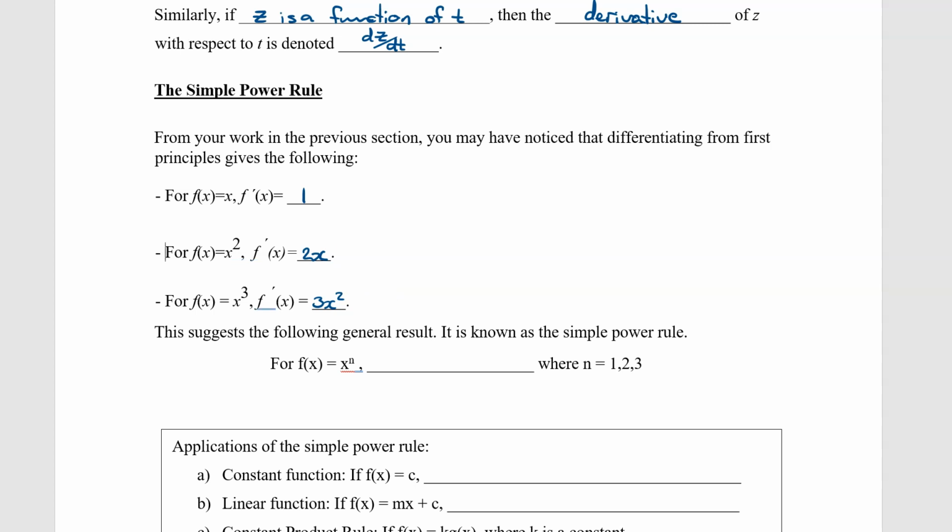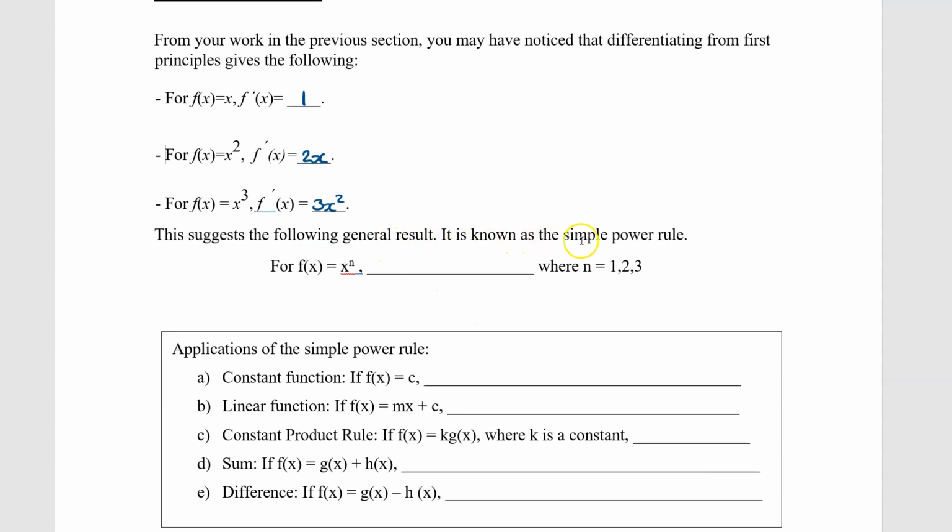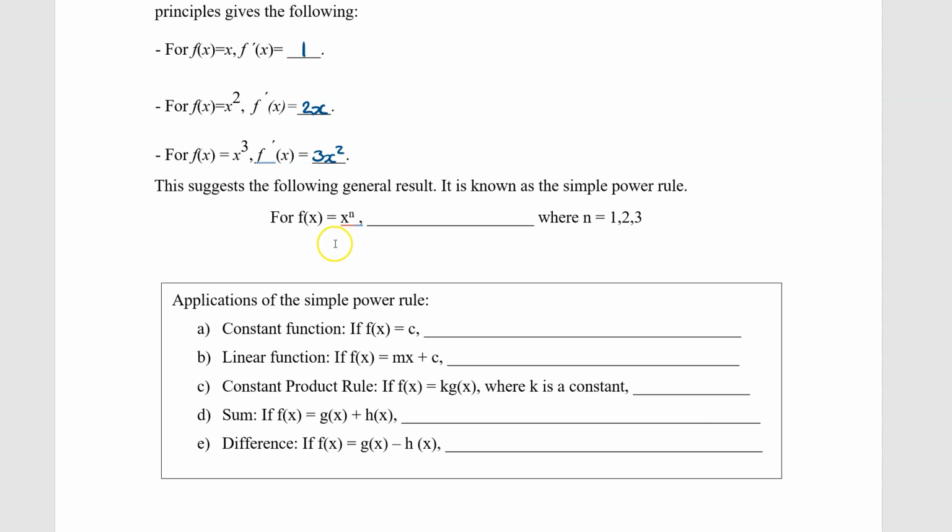So what we're seeing here is something called the simple power rule. This suggests the following result. It is known as the simple power rule: for f of x defined as x to the power of n, by this rule we've just observed, we can say that f dash of x can be easily derived as nx to the n minus 1, like so.